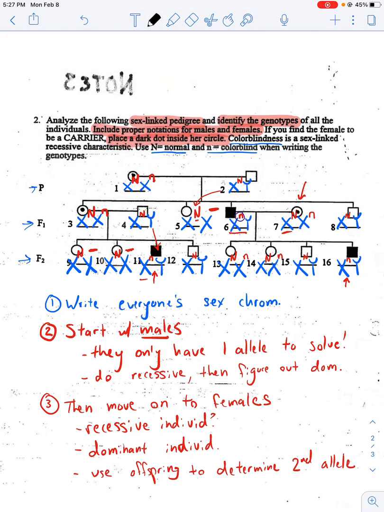So again, dot inside their circle, they carry the colorblind gene, and we have solved everyone's genotype.